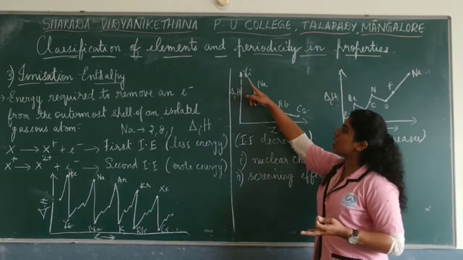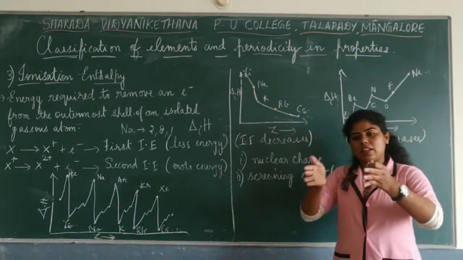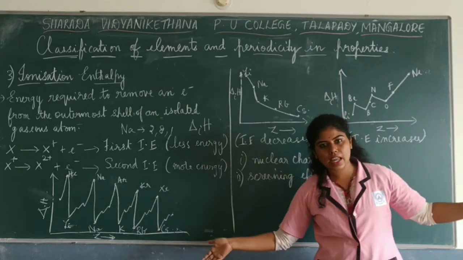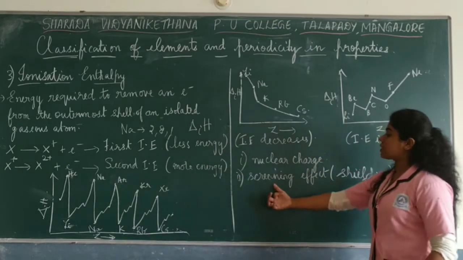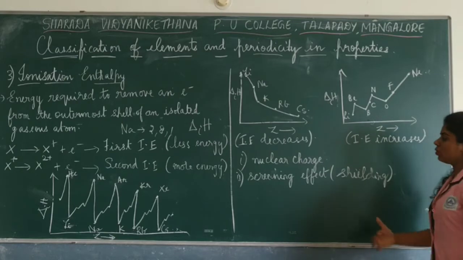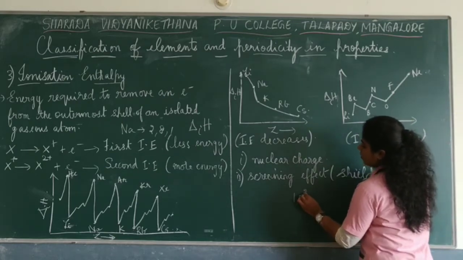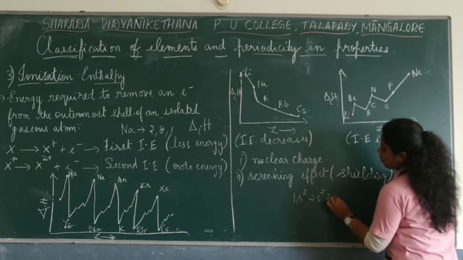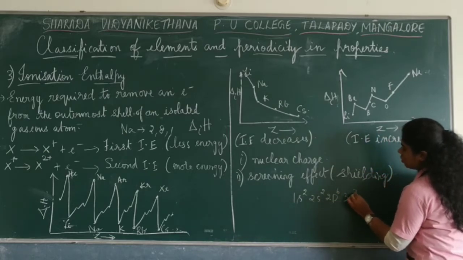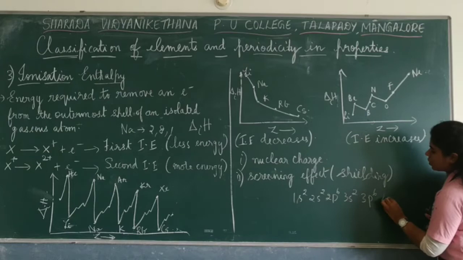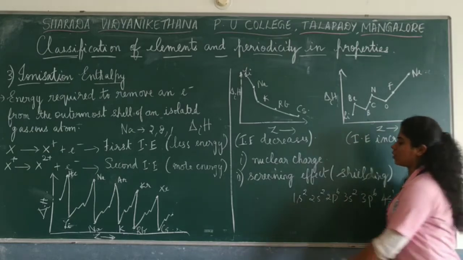Down the group, if you see, what happens? The valence shell keeps on increasing, and there is also screening effect or shielding. I told you they will have the inner electrons which shield them. Okay, so here 1s2, 2s2, 2p6, 3s2, 3p6, 4s1, which is the element having this configuration?